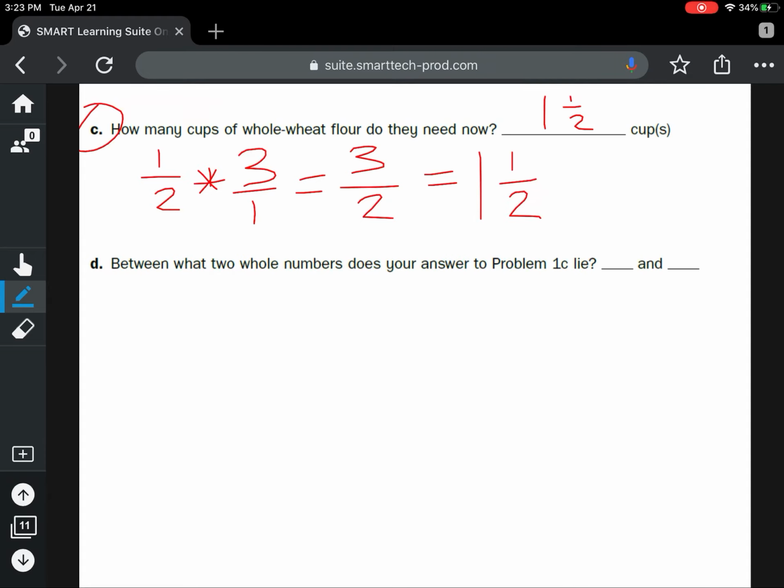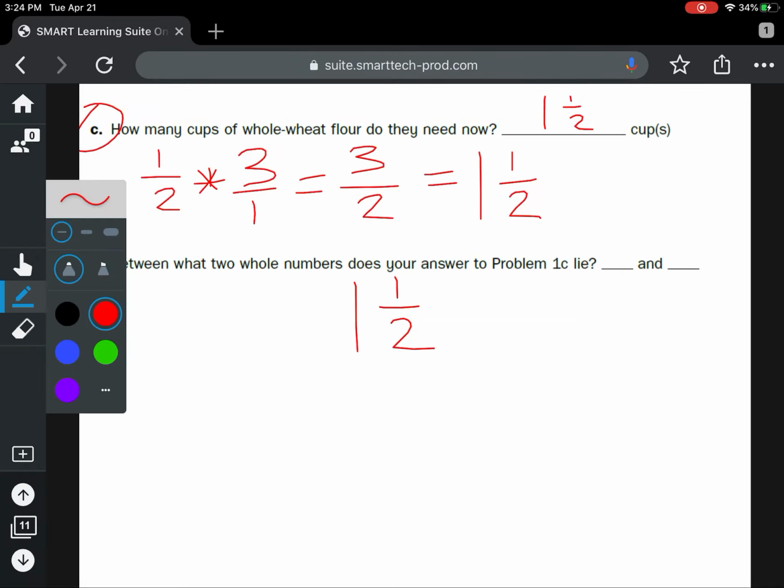If so, it'll make the part for the Google form pretty easy for you. Let's talk about D, because D is asking you a question that we haven't talked about today. It says, between what 2 whole numbers does your answer to problem 1C lie? What they mean is, when you look at 1 1/2, what is the whole number that's smaller than 1 1/2 and the whole number that's larger than 1 1/2?